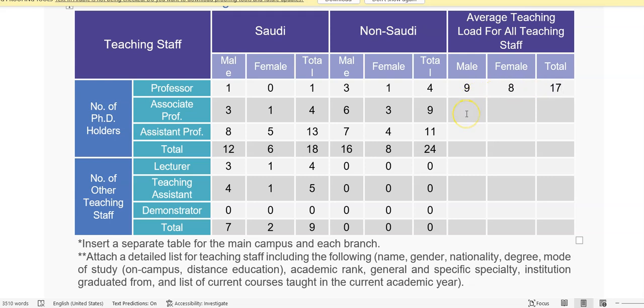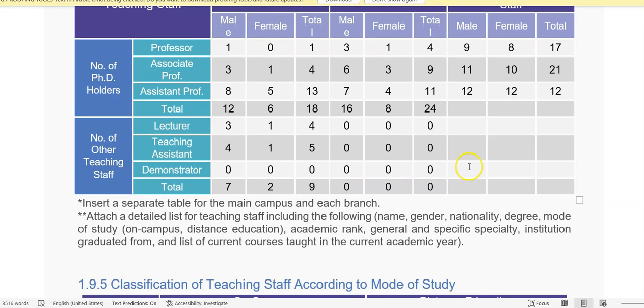For the associate professor 11, for female 10, it will be 21. For assistant, for example, 12. It can be a ratio number or floating point number, so it is based on the actual numbers.